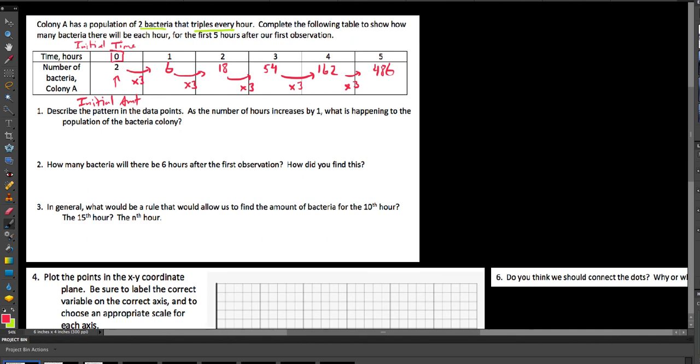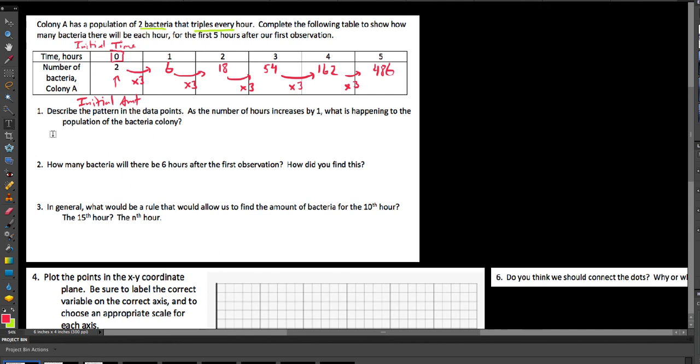Number 1 says describe the pattern in the data points: as the number of hours increases by 1, what's happening to the bacteria colony? What I would say is every time the time goes up by 1, we see that the amount of bacteria is being multiplied by 3. This gives us a sense of what really goes on with exponential growth: it's continuous multiplication, over and over again, as our input variable goes up by 1 every time.